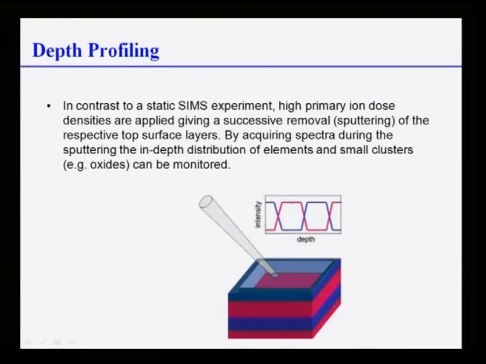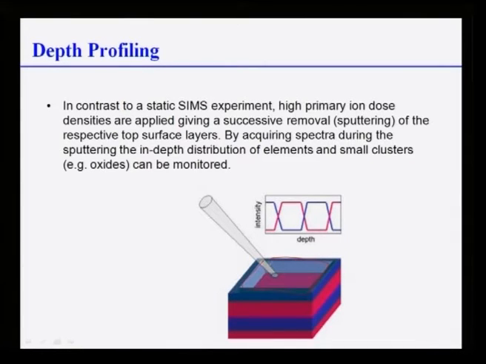Not only that, as I said, it is possible to do depth profiling. In a dynamic SIMS experiment, high primary dose densities can be applied, which gives successive removal of the top surface layers, and by acquiring spectra during the sputtering, the in-depth distribution of elements and small clusters can be monitored. So as you see here, this is a volume which is sputtered slowly, and rastered also obviously.